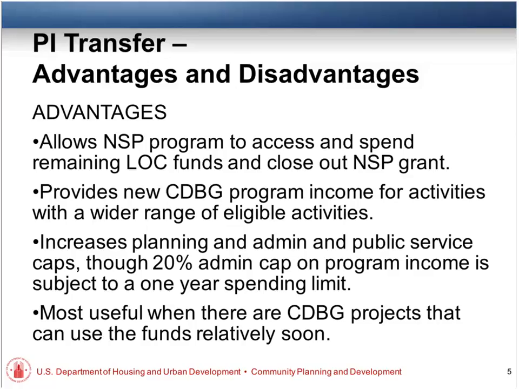The larger principal amount of program income in your CDBG account means that you have a larger amount of public services and admin that you can fit into the caps. Although with the new accounting rules that we've been working with, there is currently a requirement that you spend all the planning and admin on program income in the year that the program income was receipted into your CDBG program.